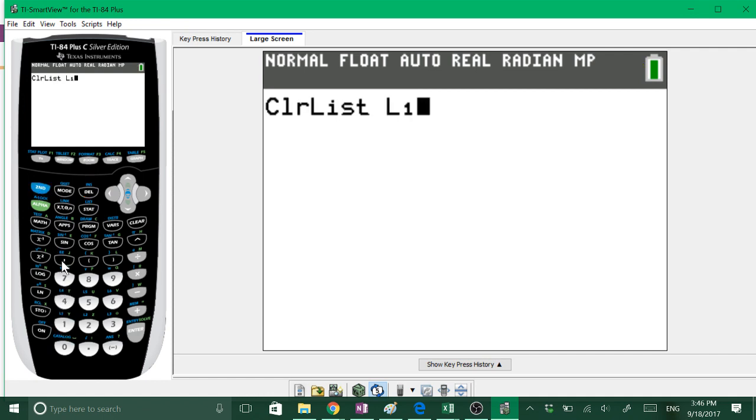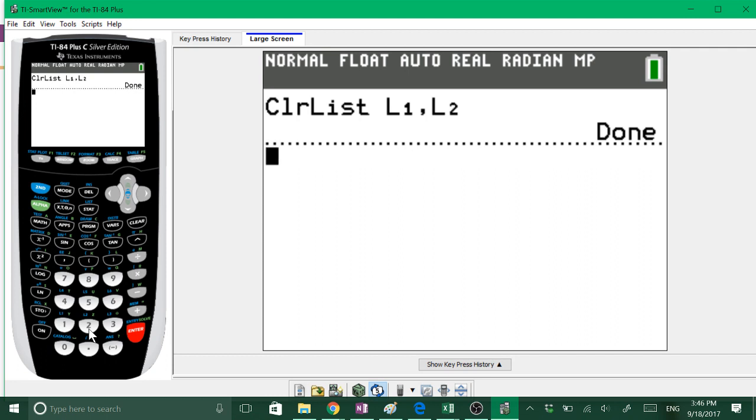So I want to clear L1, comma, I want to clear L2 as well. I think that's all the ones I have to clear. Push enter and that clears it. L1 is second one. Yeah, I think so.